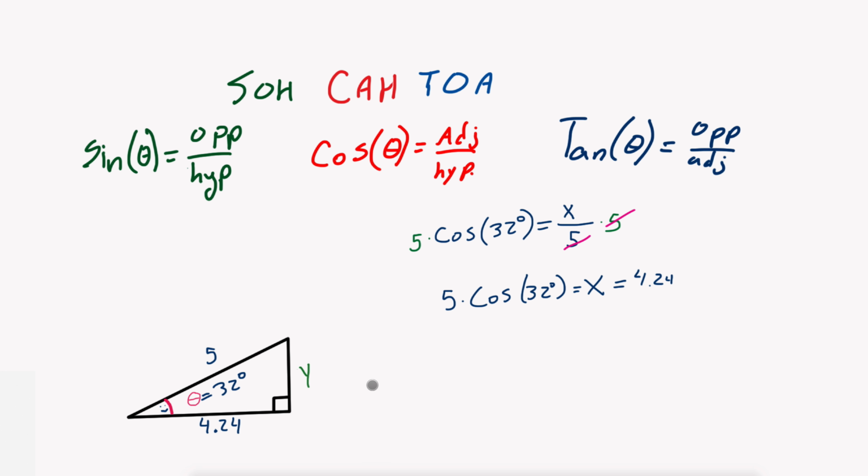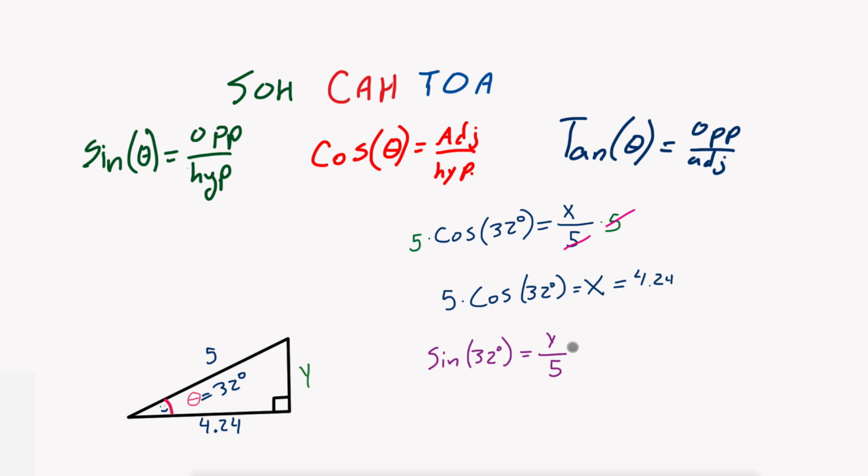Right now, I'm going to go ahead and use sine. So let's try this out. So sine of 32 degrees is equal to the opposite, which is y, divided by the hypotenuse, which is 5. So just like cosine, we can multiply by 5 on both sides.